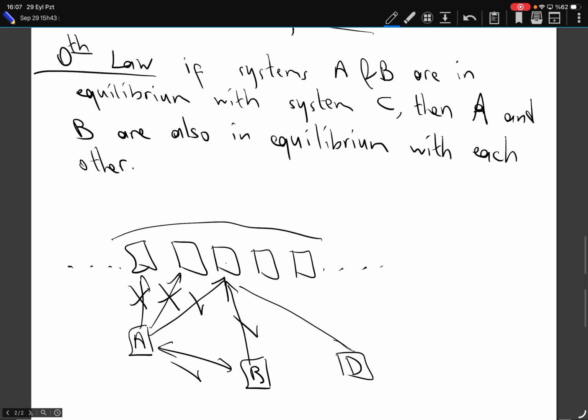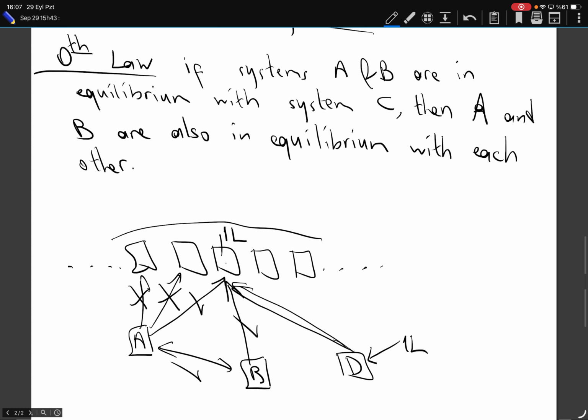If it is in equilibrium with this one, let's just say that this has a name. Let me call that 1L. What is L? I just made it up. You can also use Fahrenheit, you can use Kelvin, whichever one you want. If this is in equilibrium with this one, I will also call this system 1L.